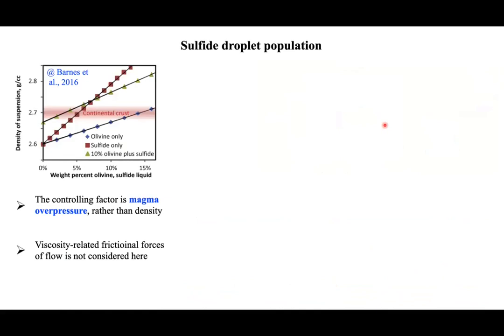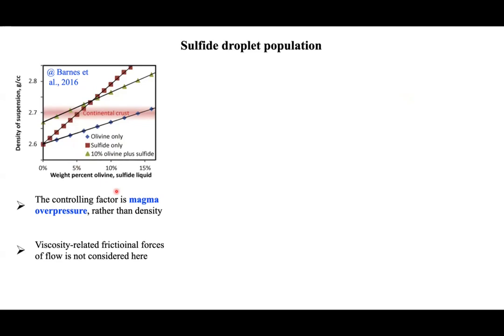And secondly, we should think about how many sulfide droplets can be carried by the ascending magma flow. Here is Steve's idea. He just thinks about the density. He thinks that if we take a basalt, this basalt can carry maybe 5% of sulfide, and then this will exhaust the buoyancy of the basalt. And if this basalt also contains 10% of olivine, then maybe just 2 or 3% of sulfide can be carried.